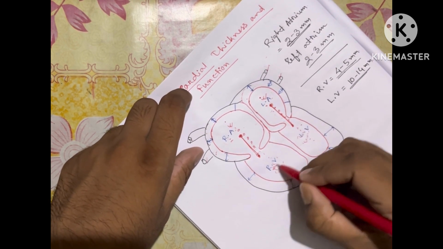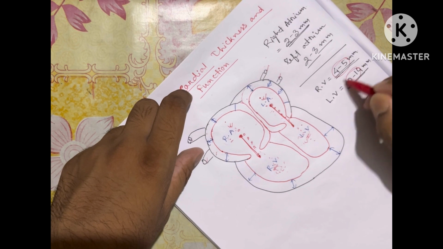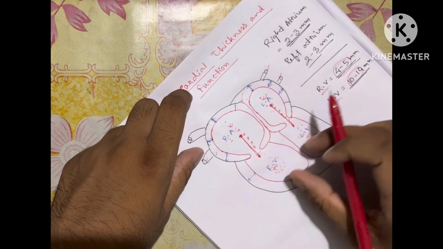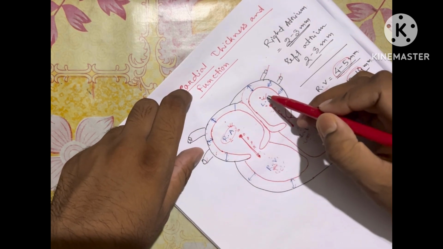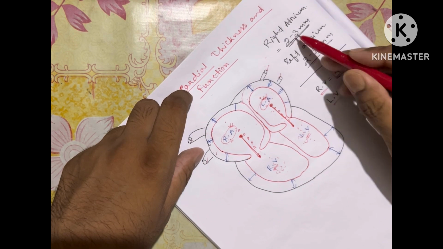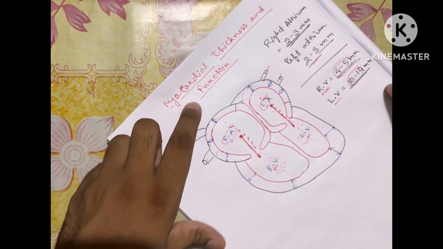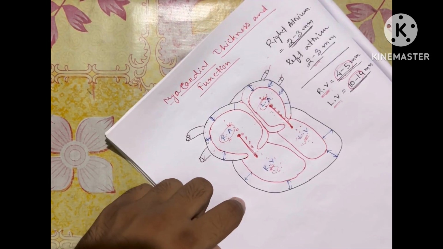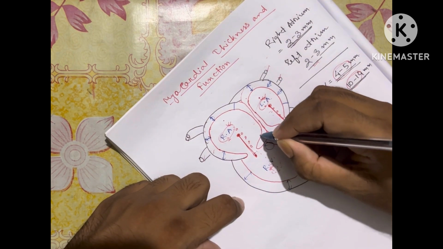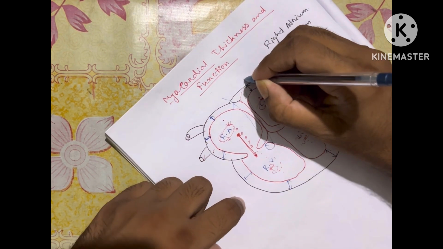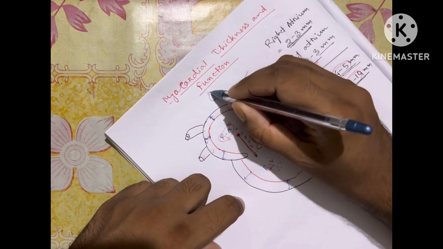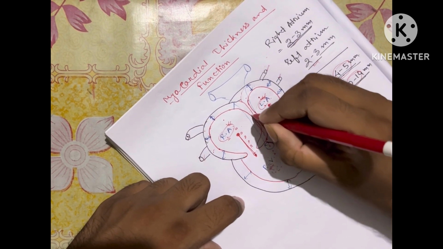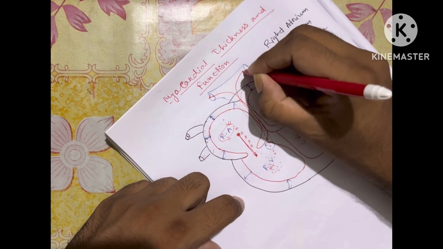The next concept is why the wall thickness of the left ventricle and right ventricle is different, while in the right atrium and left atrium the wall thickness is the same. In the case of the ventricles, why is it different? The main reason is that the right ventricle pushes its content with the help of the pulmonary trunk to our lungs, to both the lungs.